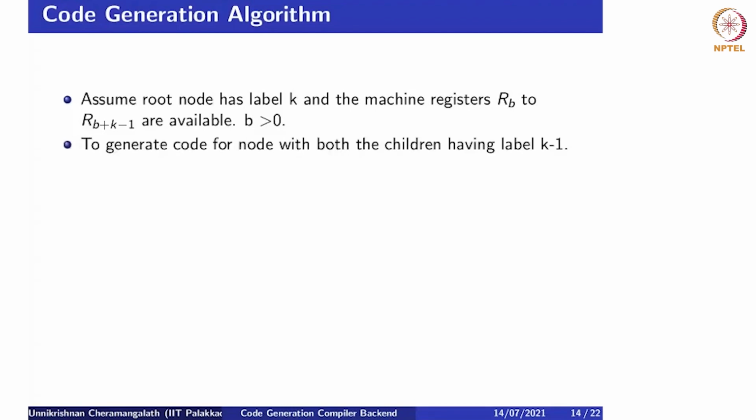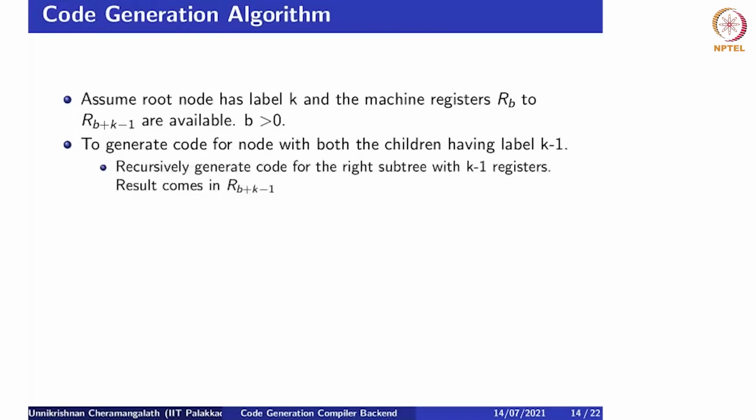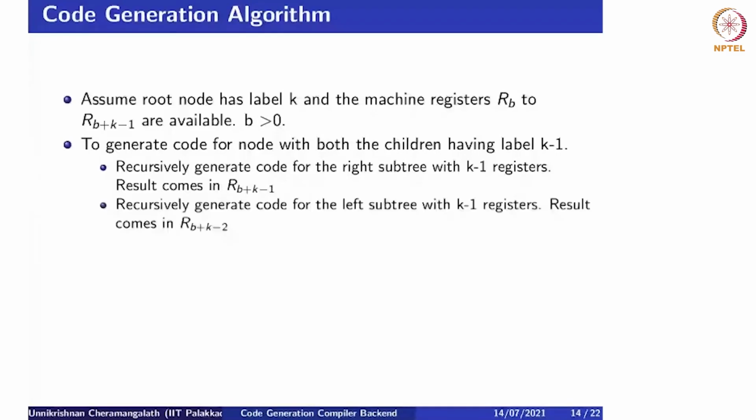To generate code for a node with both children having label k minus 1, as you have seen in T2, which has A and B as children with label k minus 1: recursively generate code for the right subtree with k minus 1 registers. The result will come in RB plus k minus 1. Recursively generate code for the left subtree with k minus 1 registers.